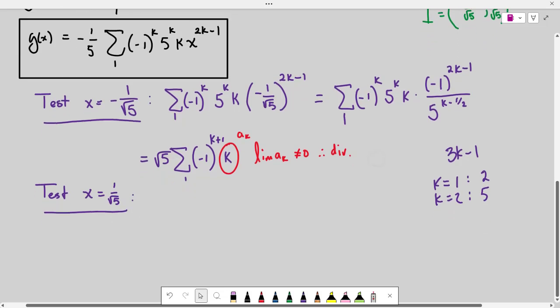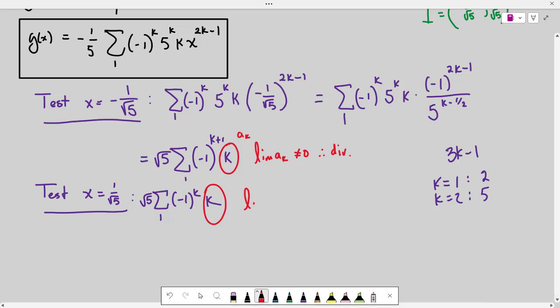So nothing's going to change. We're going to get the square root of 5 out in front, negative 1 to the k, and a k here. Same basic idea, same result. The limit of a sub k is not 0, therefore it diverges.